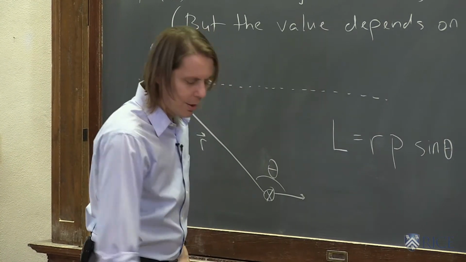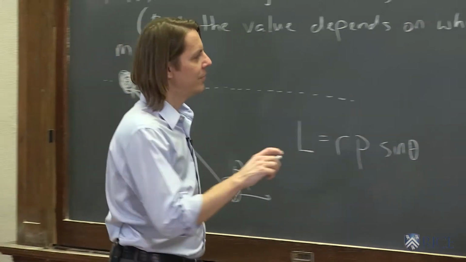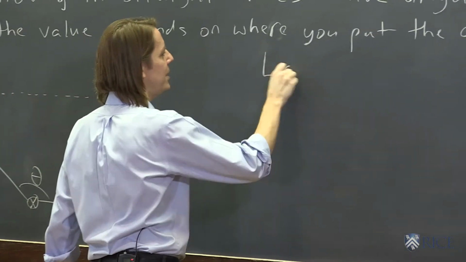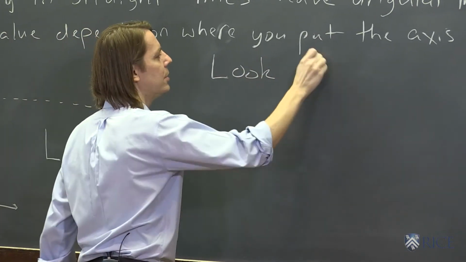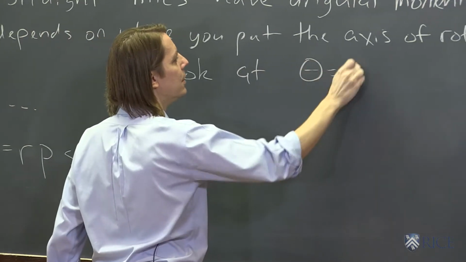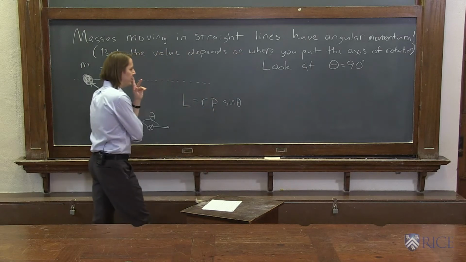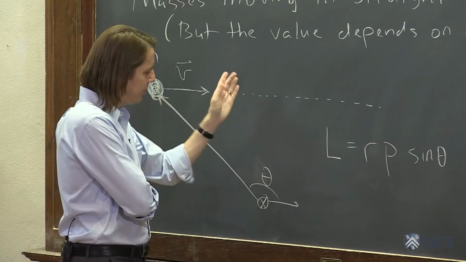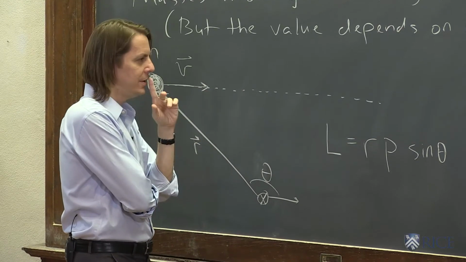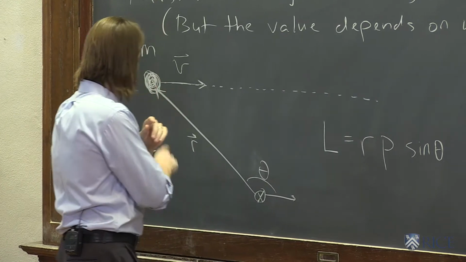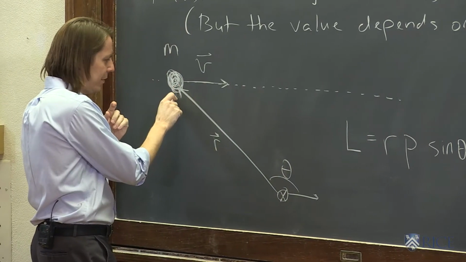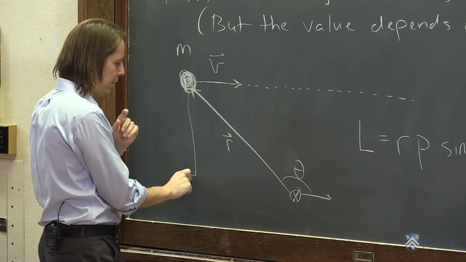Okay, so let's look at the special case of theta equals 90 degrees, and let's make something interesting happen. Theta equals 90 degrees is right when the mass passes the axis of rotation. Let's imagine that this mass has a very light little hook.